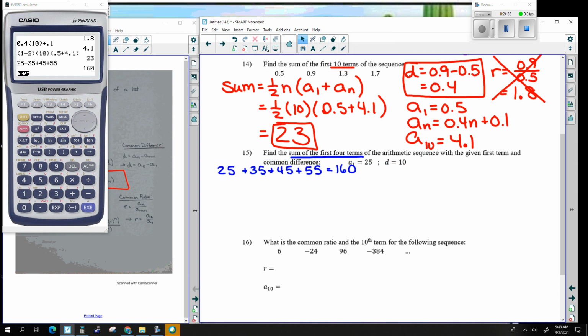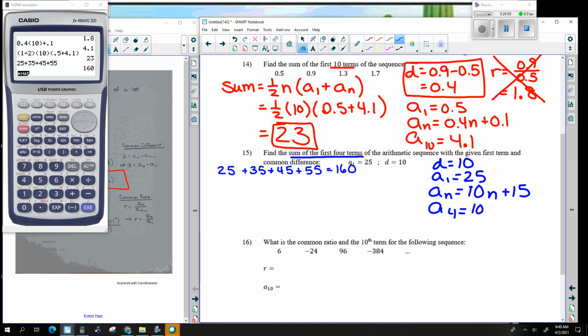All right, or again, you can jump through all the hoops. So the difference is 10. A1 is 25. That means An is equal to 10n plus 25 minus 10, which is 15. And so that means that the fourth number is 40 plus 15, 55.